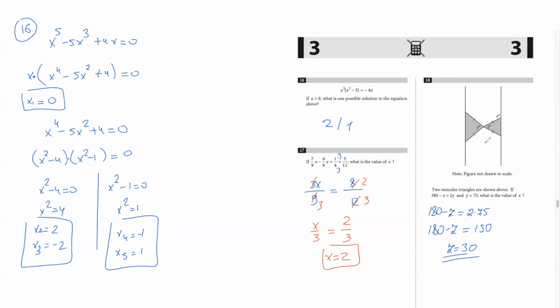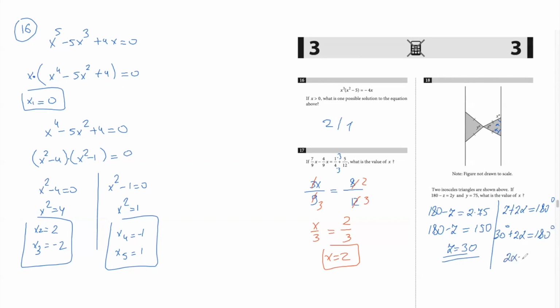Okay, look, if z is 30, these are isosceles. This is an isosceles triangle, so let's say it is alpha and alpha. What we can do, z plus 2 alpha is equal to 180 degrees. z is 30 degrees plus 2 alpha is equal to 180.